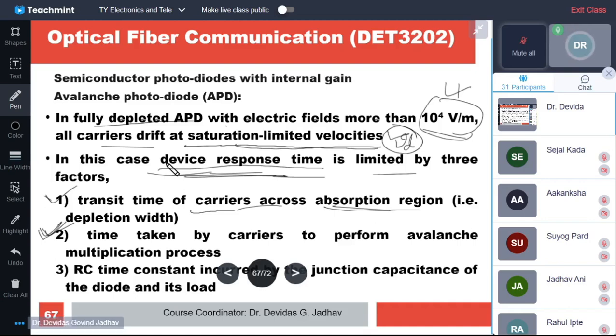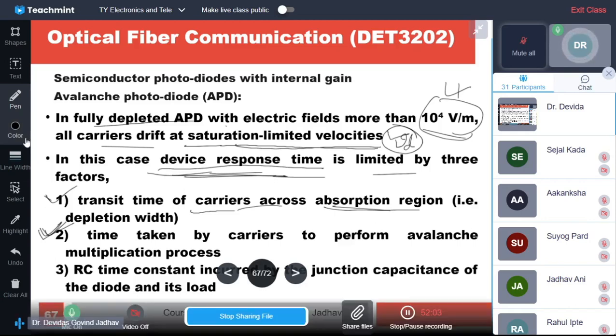This impact ionization requires some time. This is called the time taken by the charge carriers to perform the avalanche multiplication process. This is new in the APD.